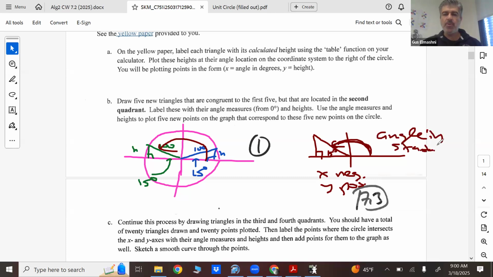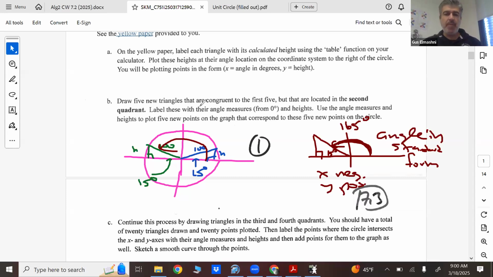How far have I traveled around the circle for that second diagram I just drew? 90. So it's not quite 180. 165, right? And that's something that you guys are gonna start talking a lot about, like how to look at angles, not just from 0 to 90, but from 0 to 360. So even though that's 15 degrees for the base angle, it's truly 165 degrees when you think about it in terms of sine and cosine, and the position it's in in the quadrant.